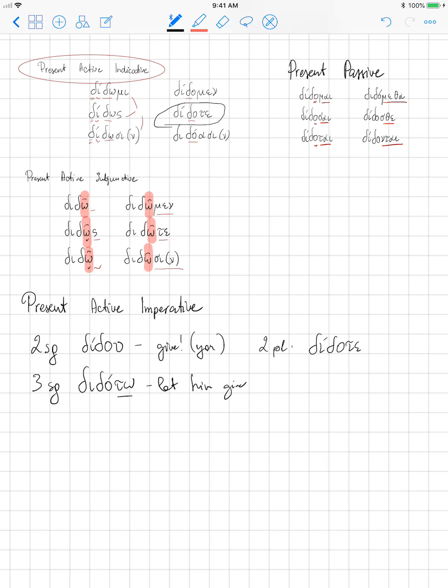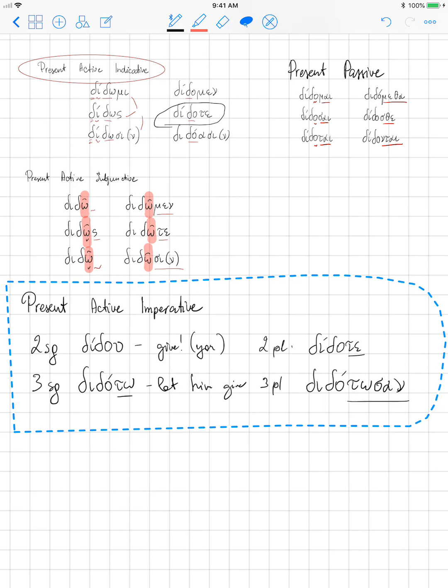It sounds similar. Not that it's going to help you at all. So second plural and third plural is didotōsan. Again, tō, tōsan is very, very common. Only second singular can sometimes be different.